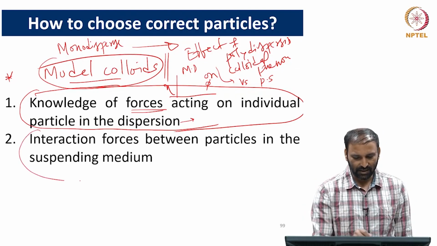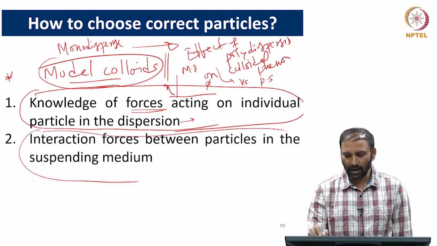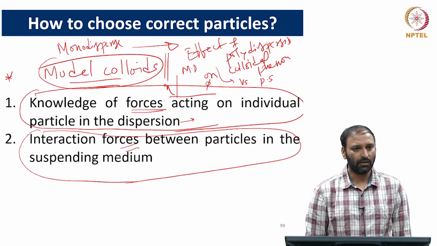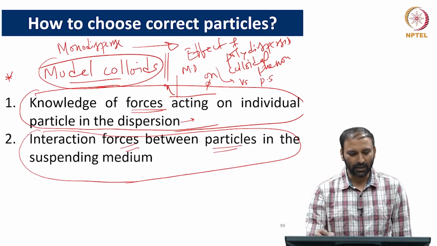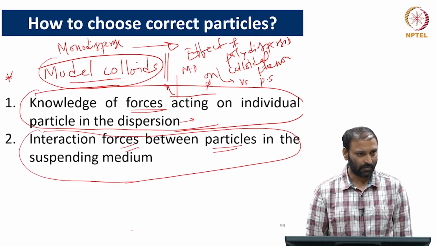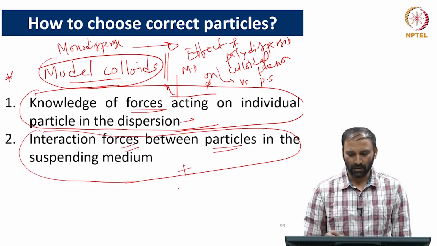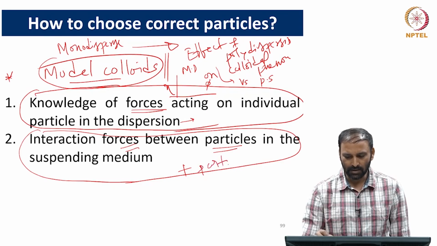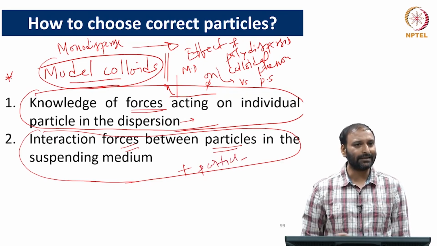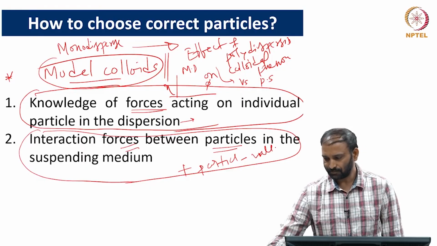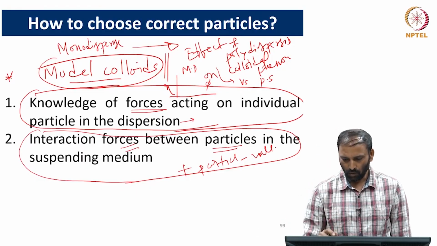And the second thing is you should have an idea about the interaction forces between the particles in the suspending medium, plus of course the interaction between the particles and the container itself. For example, it could be the wall.